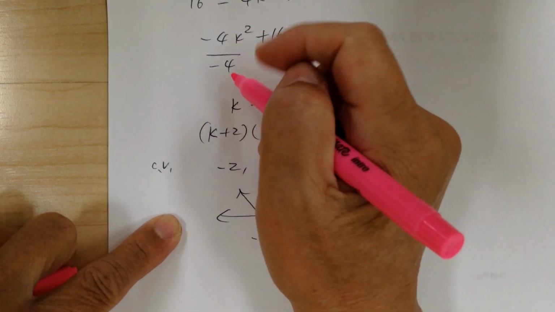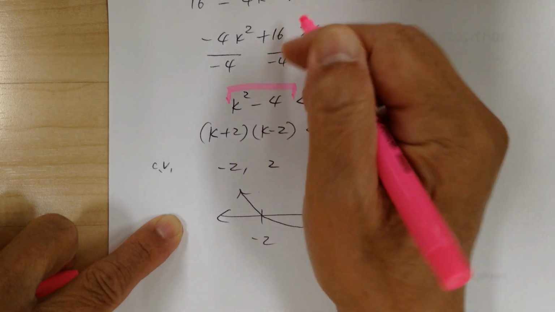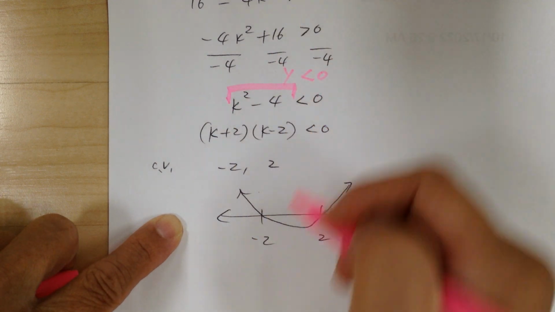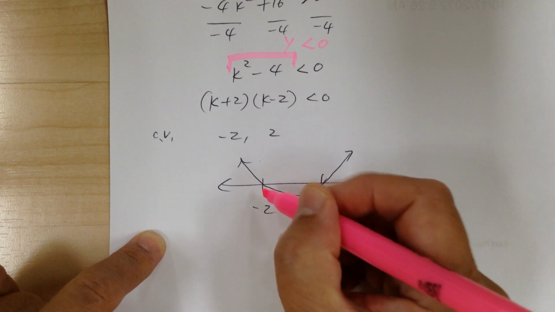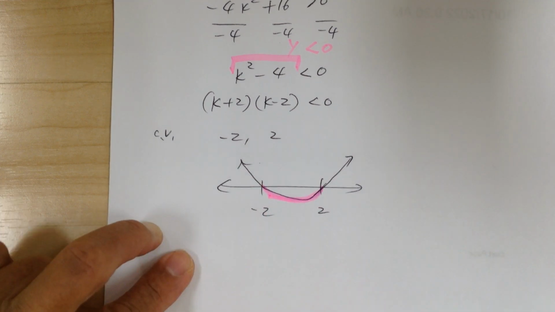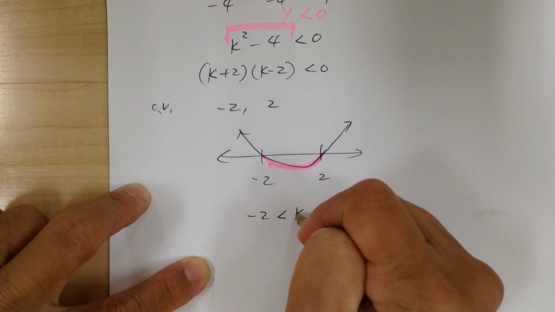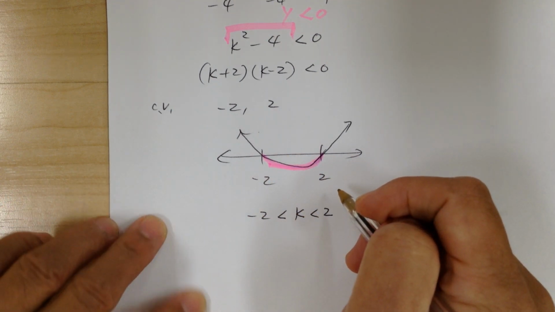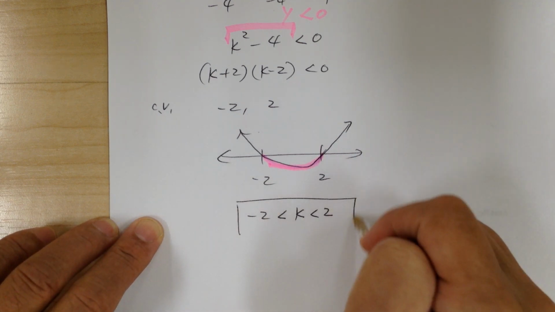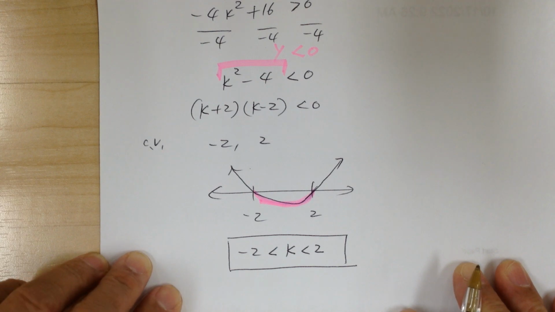So for this one you're going to have y less than 0, right? So that means you're looking for this part right over here. So your answer would be negative 2 is less than k less than 2. So again, just like the previous problem.